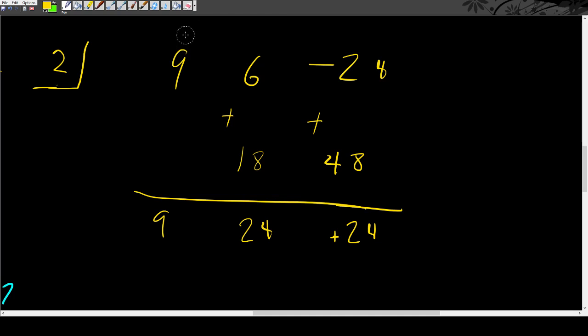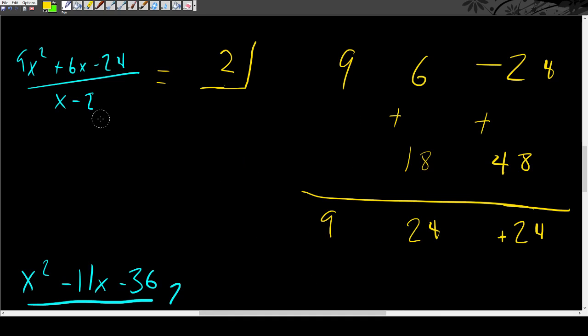So 9, instead of being 9x squared, it's 9x. 6x, instead of being 6x, it's just 6. Negative 24, instead of just being a constant, you put it over what you're dividing by. So in this case, it's positive 24 here, and it becomes 24 over x minus 2.